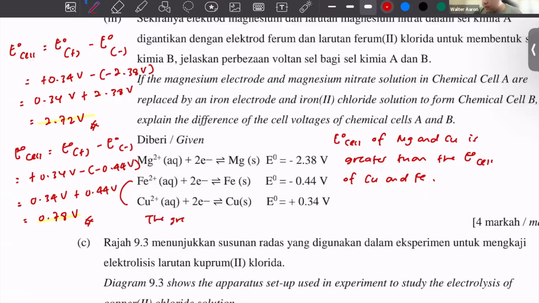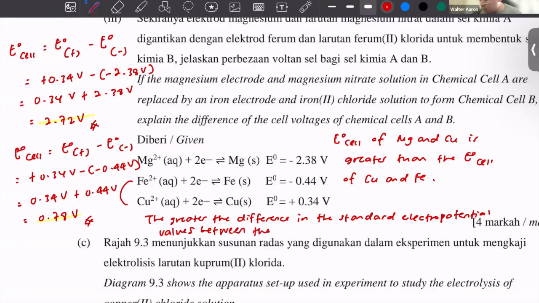So you say here, the greater the difference in the standard electropotential values between the metal pairs, the greater the voltage produced.